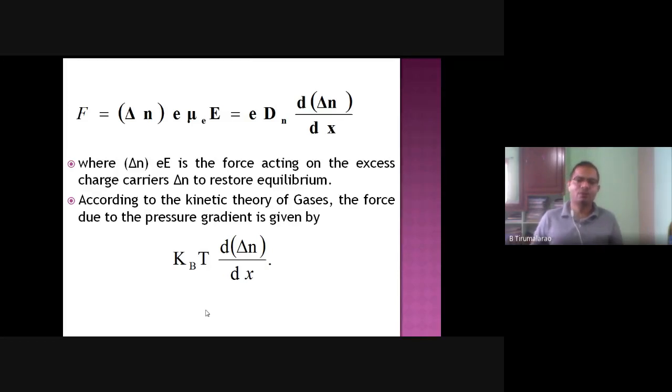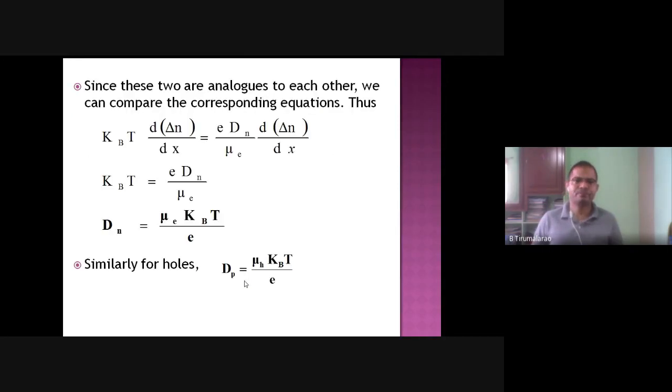So in the law of gases we know that F is equal to kB T d(delta N)/dx. That's why, in the place of F, I write kB T d(delta N)/dx. This is the left hand term.